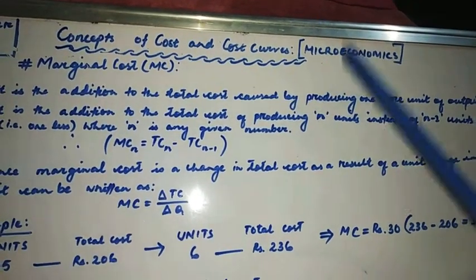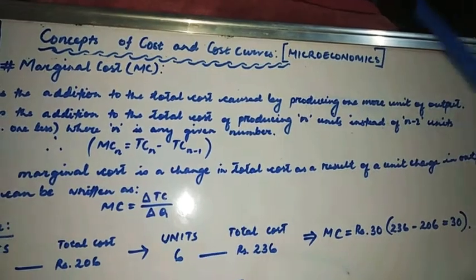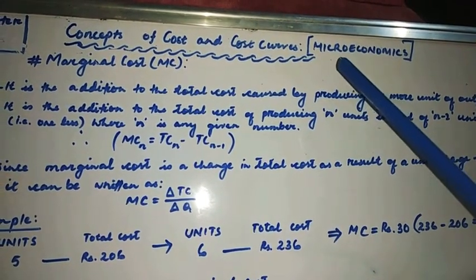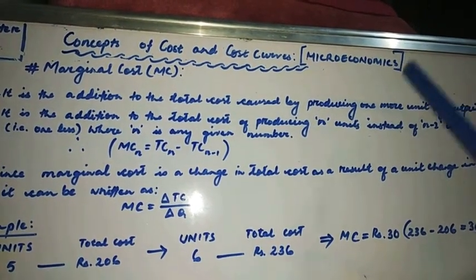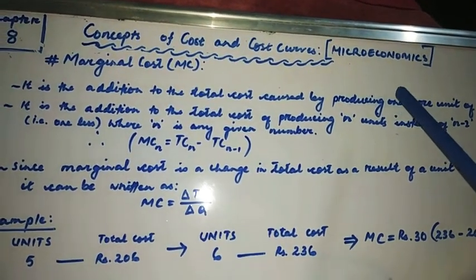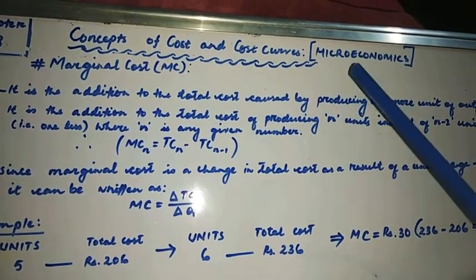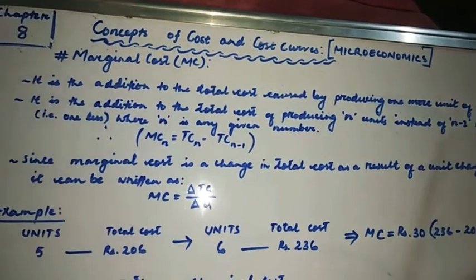So when you want to produce one more unit of output, you are incurring a production cost, and that cost in producing one more unit of output is the marginal cost. So it is addition to the total cost caused by producing one more unit of output.